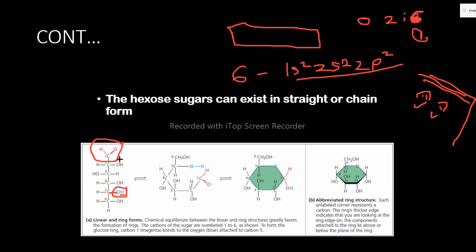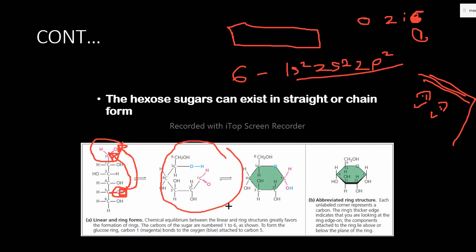Now here, since oxygen has a lone pair, it will come and take away this hydrogen. Then the remaining electrons on this will be donated to this carbon 1, as you can see from that illustration.